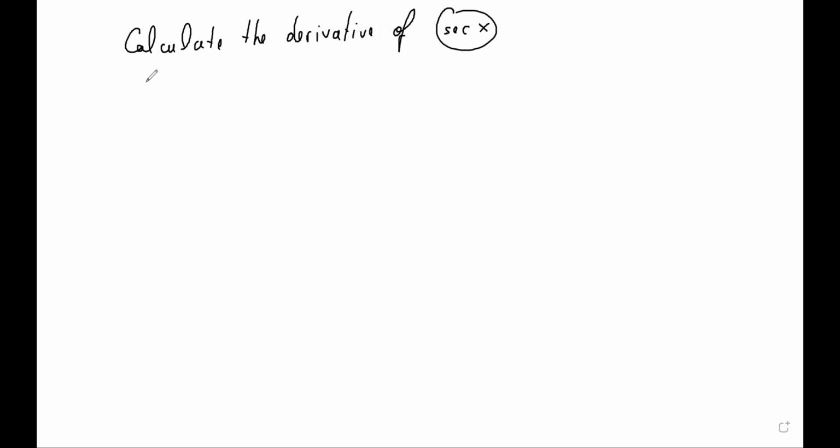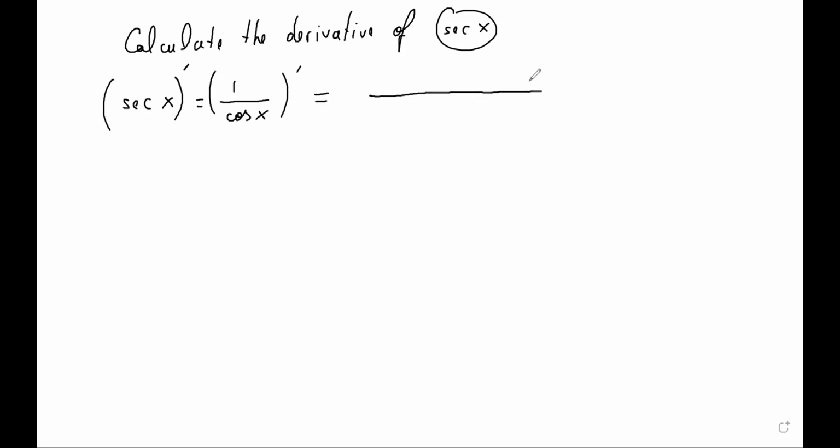All right. Well, here's how it goes. First of all, let's remember that secant x is 1 over cosine x. So when we calculate the derivative, I'm going to write the derivative with a prime as usual. In the book, by the way, they denote these derivatives with d over dx.